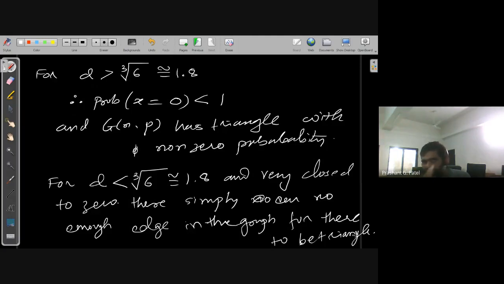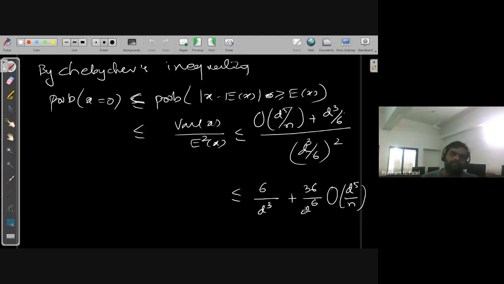If I have a value of d bigger than 1.8, then this value will be less than 1, and this will obviously tend to 0 as n tends to infinity.